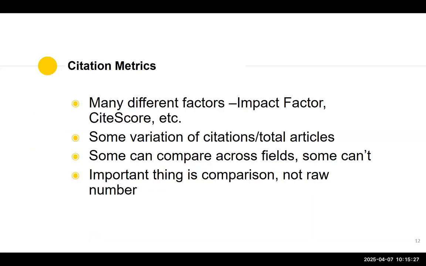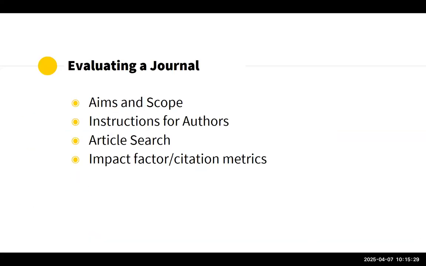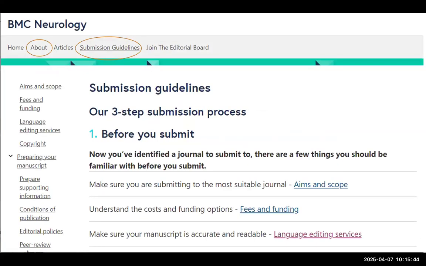All right, and the next thing is taking a look at the aims and scope and instructions for authors. And these are probably the most important part of selecting a journal. Aims and scope tells you what this journal wants.